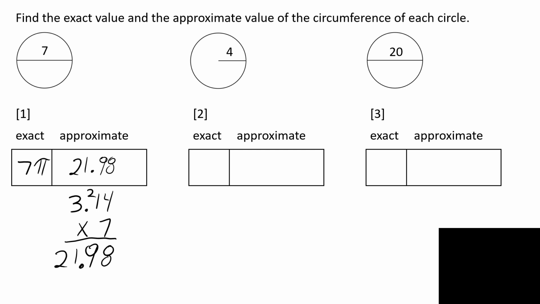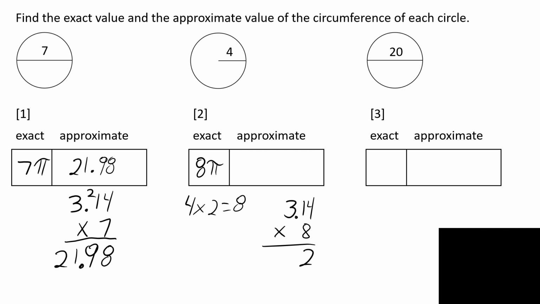Question number 2. Now don't get in too big of a hurry, right? I'm looking at the radius and I go, oh, if the radius is 4, I have to double that and get 8. Right? 4 times 2 is 8. So the exact value is 8 pi. Approximate, I do 3.14 times 8. 4 times 8 is 32.